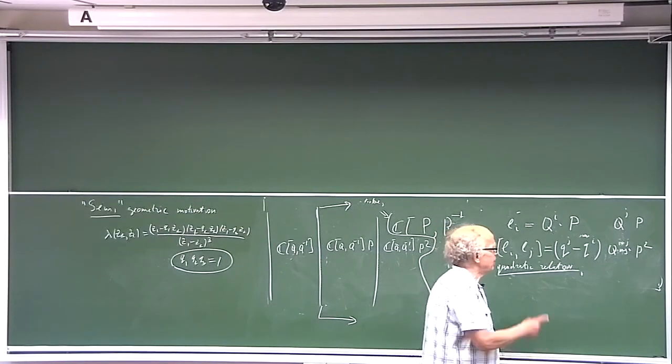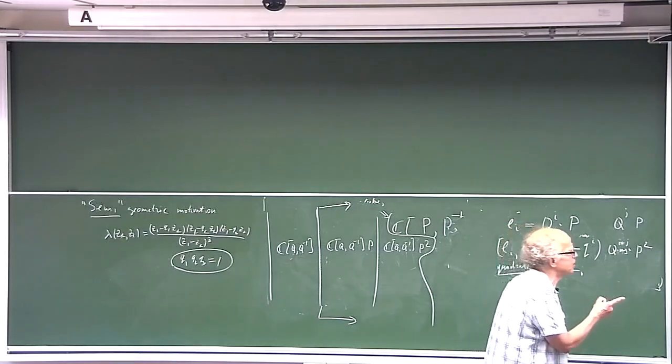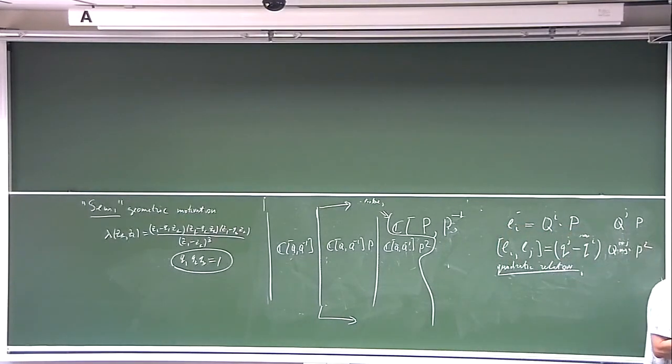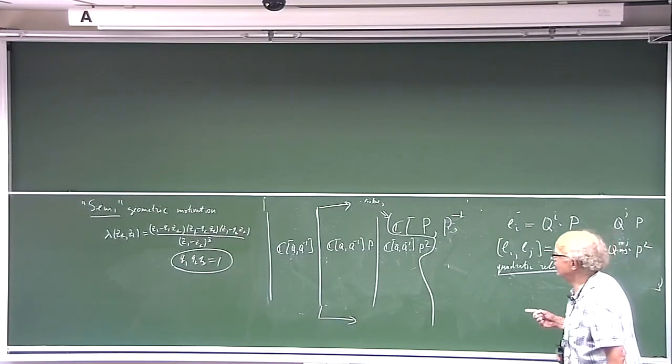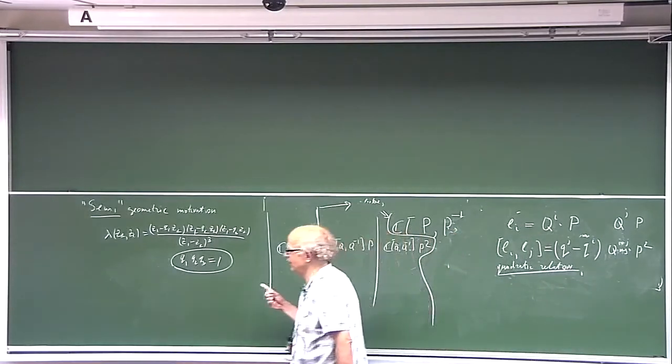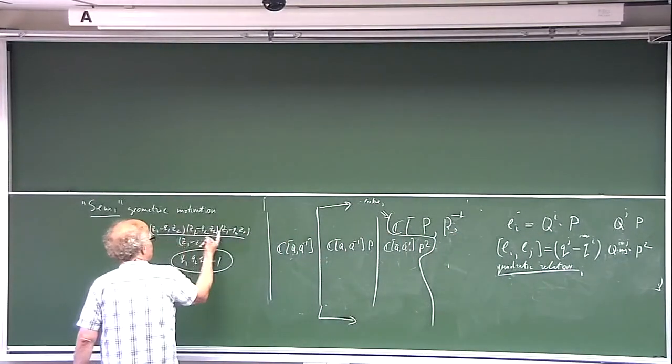By the way, it is closer to the shuffle algebra in the sense that it is easier to say how to proceed. I have the shuffle algebra, and it depends on q1, q2, q3.